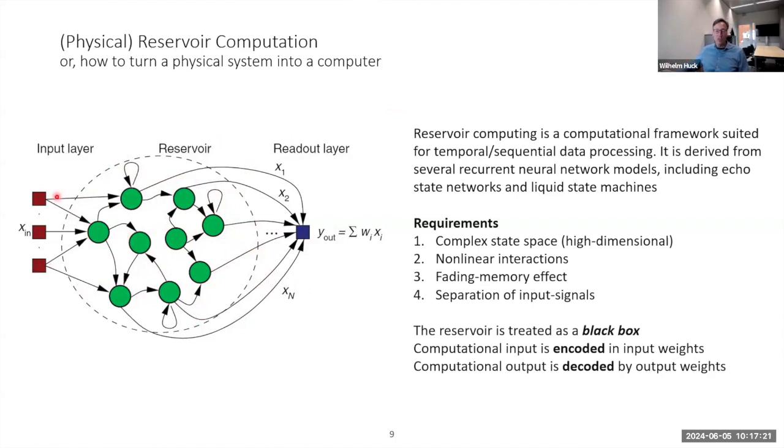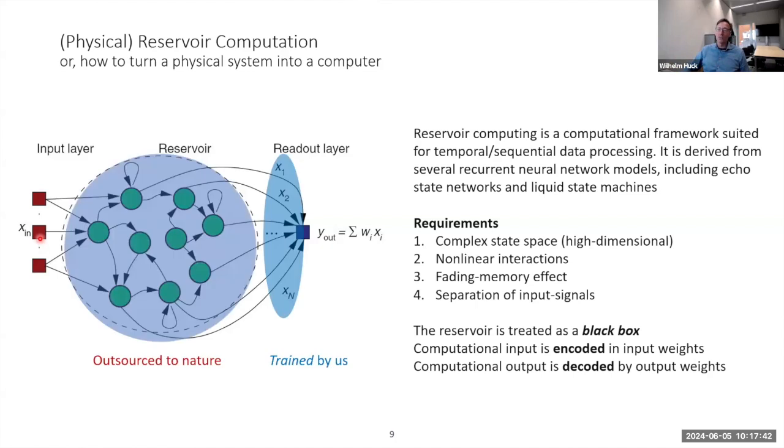And there should be separation of input signals. Well, that was the whole idea of maximally informative data sets, that the inputs that you give propagate through the network in a maximally non-collinear fashion. So this works normally in silico, but has never been demonstrated in a chemical reaction network. And so that's what we set out to do first.